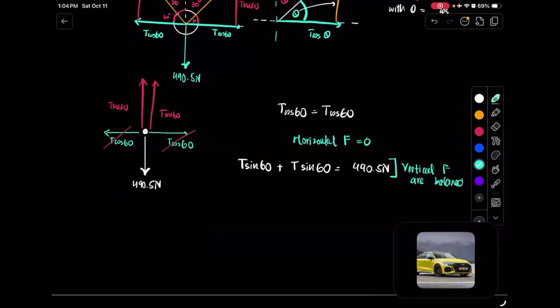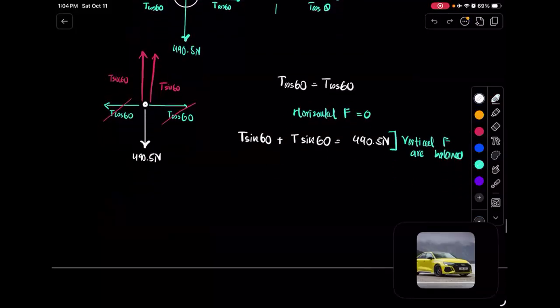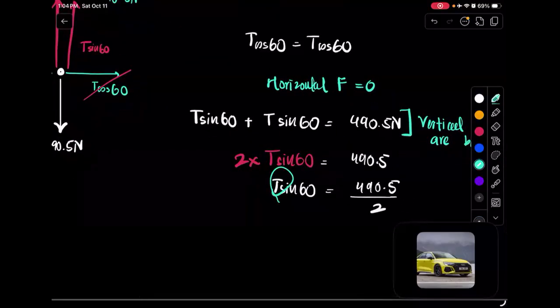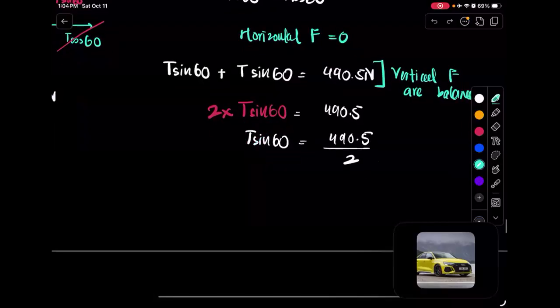Now let's check. Because these two are the same, I can simply say that this is 2 multiplied by t sine 60 equal to 490.5. So t sine 60 equals 490.5 divided by 2. And if I want to find out t, then I'm going to divide by sine 60 on the other side as well.